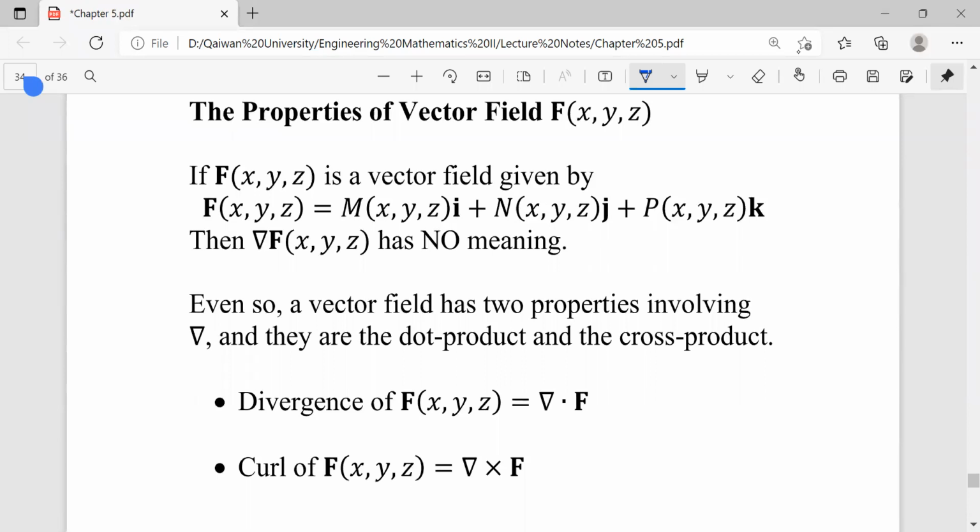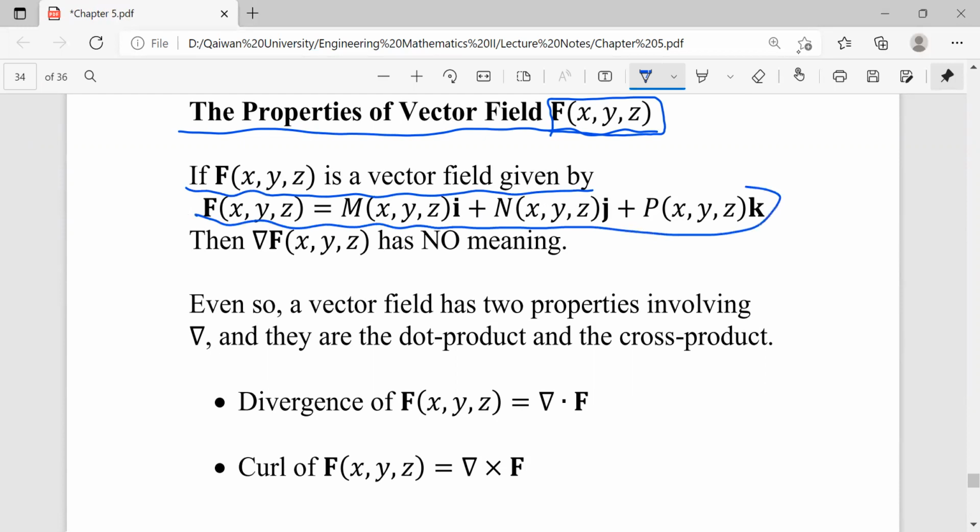We now have properties of vector fields. F of x, y, z is a vector field given by three components in R3, in space x, y, z. Then this operation, del of the vector field, has no meaning. For a vector field, it has no meaning.